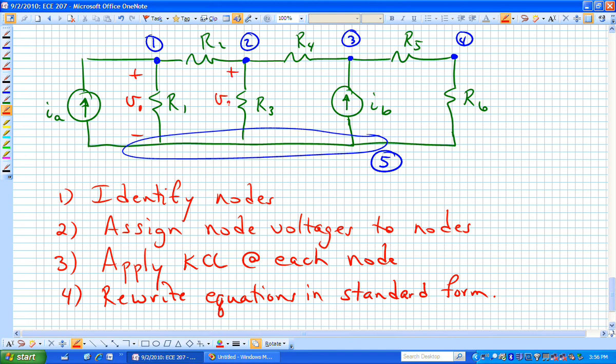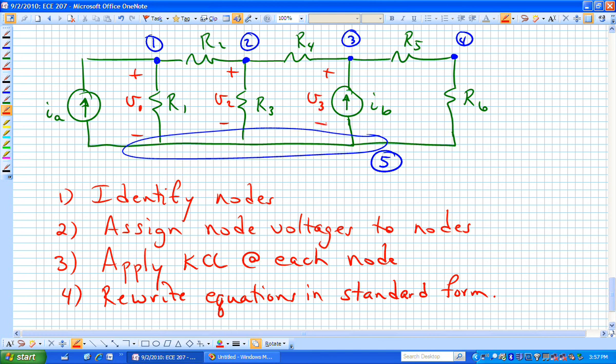Here's V sub 2 across node 2, so you'd put the positive terminal of your voltmeter and your negative, or usually red and black, you'd put your red lead on the positive side, node 2, your black lead on node 5, and measure V sub 2. That would be the voltage dropped across R sub 3. Then we could have V sub 3.